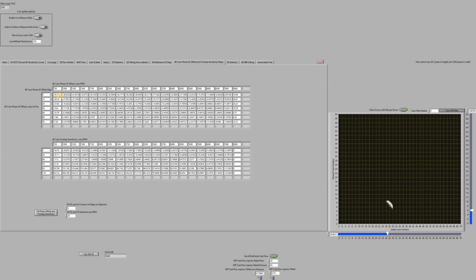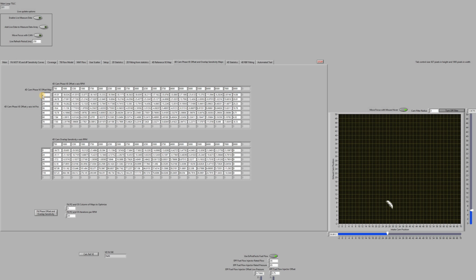Then I have two compensations that I've tried to solve for here. One of them is a VE offset as a function of RPM and your intake position phasing. I did that because if you're running a single cam engine instead of a dual cam or twin independent, you might only use this position-based offset.